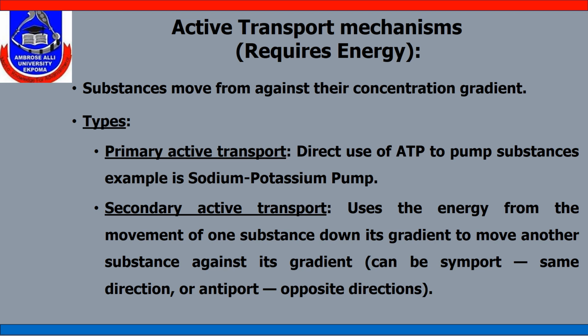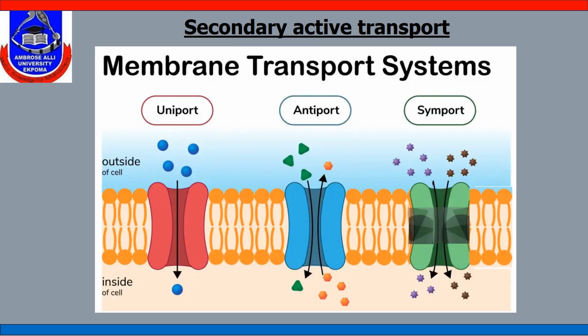A quick look at the diagram before you will give you a clear understanding of what this term implies. The uniport system of transport, the antiport system of transport, and the symport system.